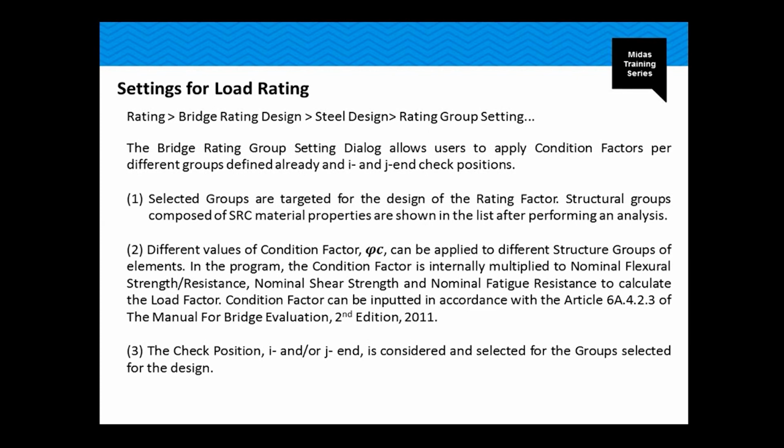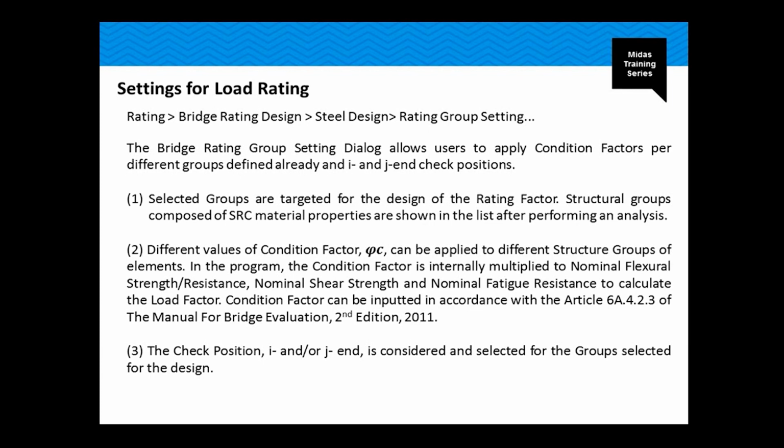and it's going to multiply it by the nominal flexural strength and resistance, the shear, and the nominal fatigue resistance for the load factor. The condition factor can be inputted in accordance with article 6A.4.2.3 of the Manual for Bridge Evaluation, and you can check the position I, N, or J if you select those groups for the design.